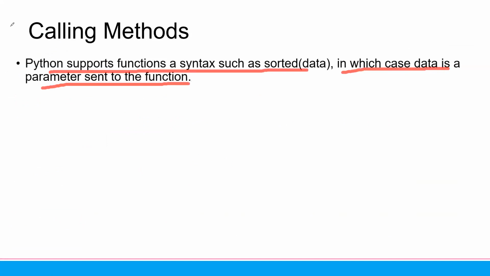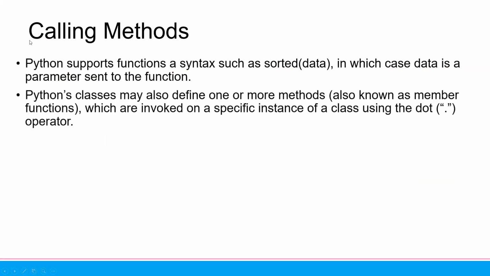We will check later what kind of functions or methods we can use with a class. Python classes may also define one or more methods, sometimes called member functions, which are invoked on a specific instance using the dot operator.